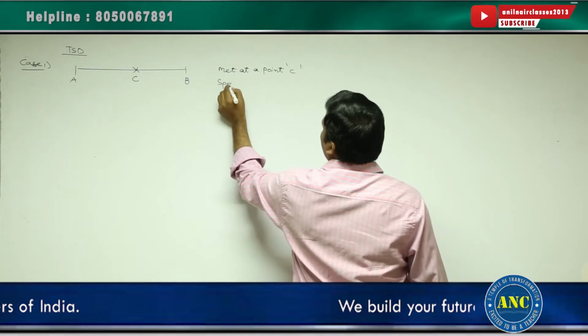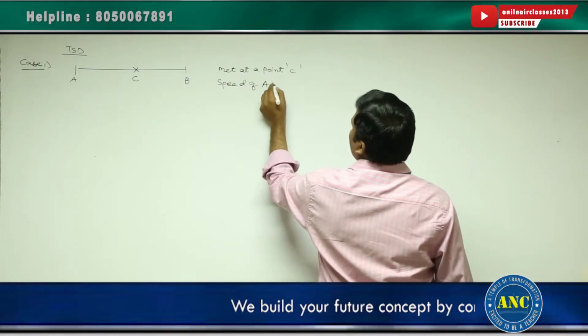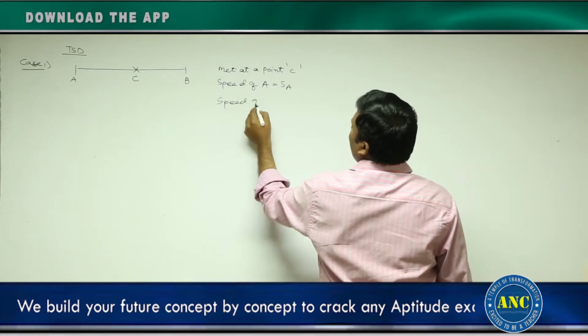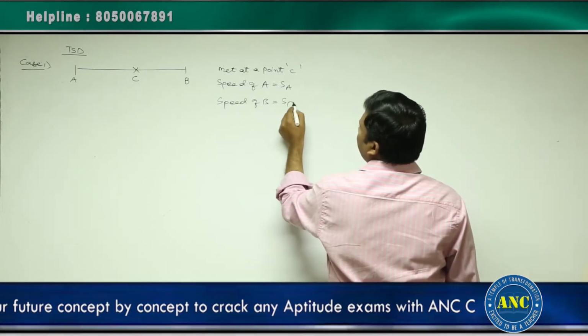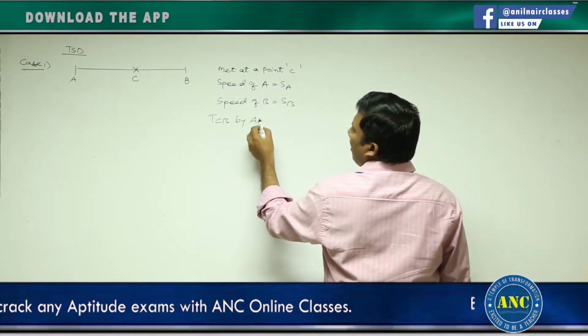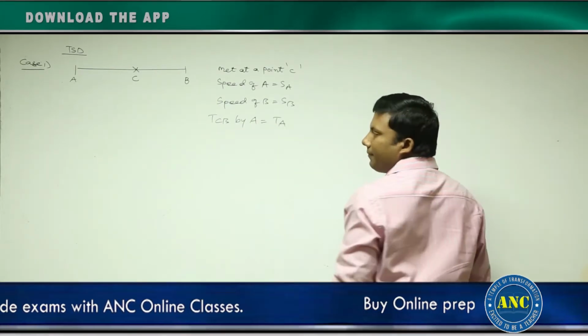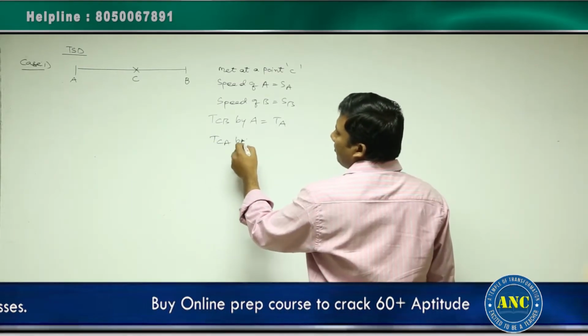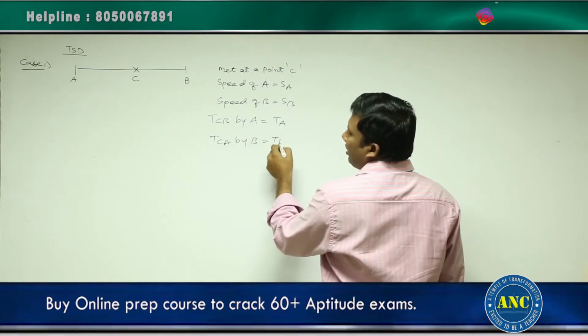Speed of A, I'll call it SA. Speed of B, I'll call it SB. Time taken from C to B by A, I'll call it TA. Time taken from C to A by B, I'll call it TB.